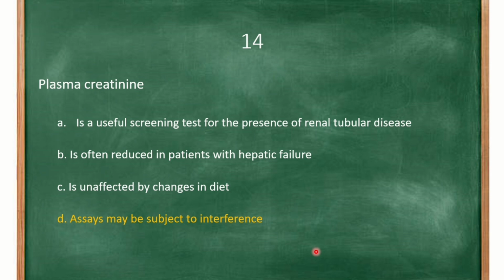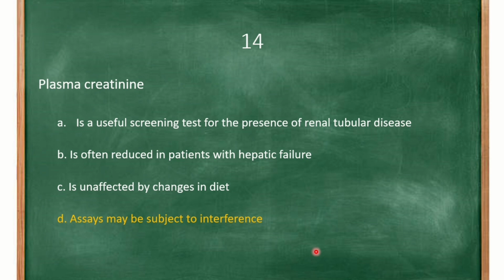Then C is unaffected by changes in diet. That is also false, because creatinine is a byproduct of muscle metabolism. When somebody is on a high protein diet, this will actually increase the creatinine levels. So this statement will also not be true.